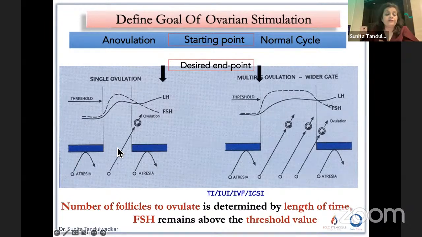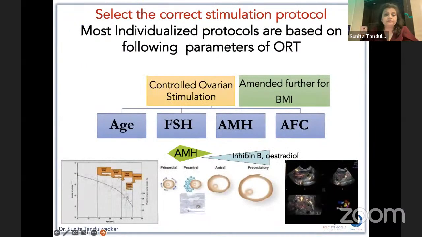In ovulation induction, we want only one follicle. What is the difference in ART? We keep on giving the doses for a longer period so we can rescue many follicles and we don't allow them to undergo atresia. So again, to revise, this is so important, and that's why I'm revising again and again.